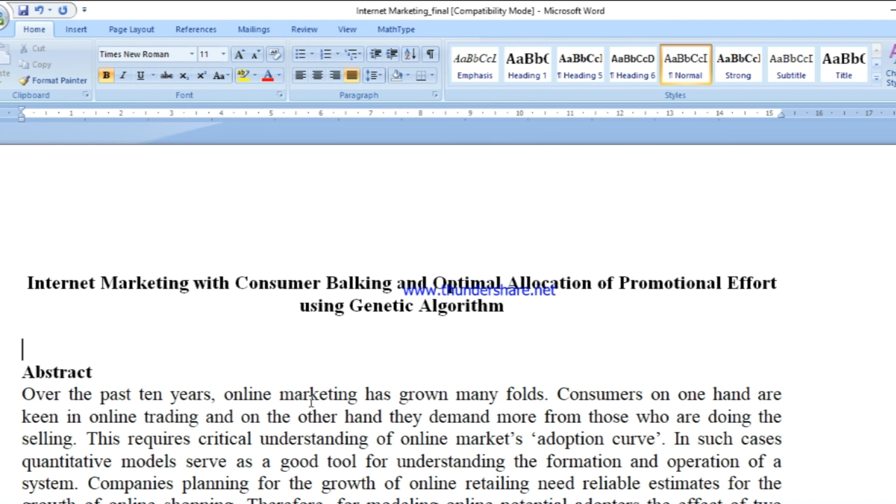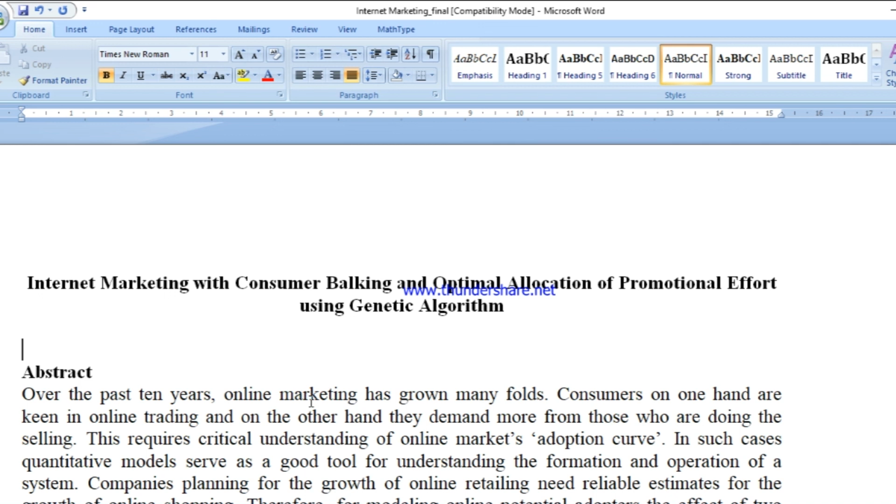Okay, so this was a survey-based research paper. Now, if we have some modeling framework-based research paper, then consider this as an example. This paper takes into account internet marketing with consumer buying and optimal allocation of promotional effort using genetic algorithms. So again, the abstract is being given.